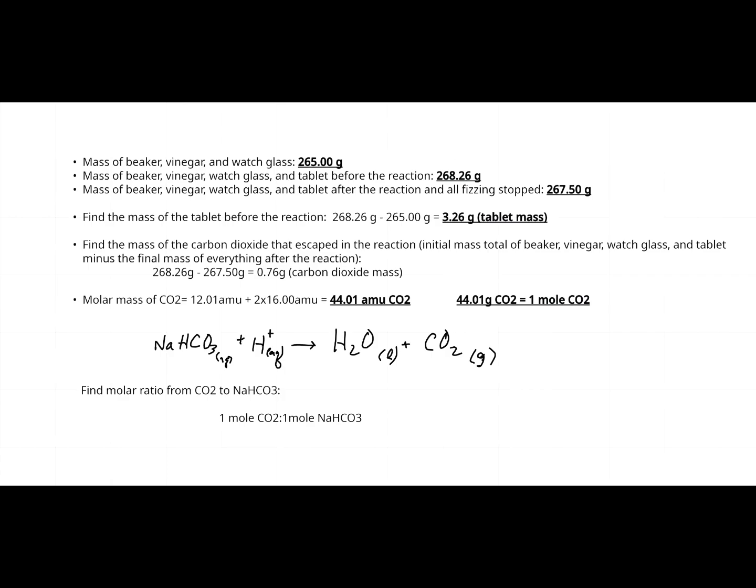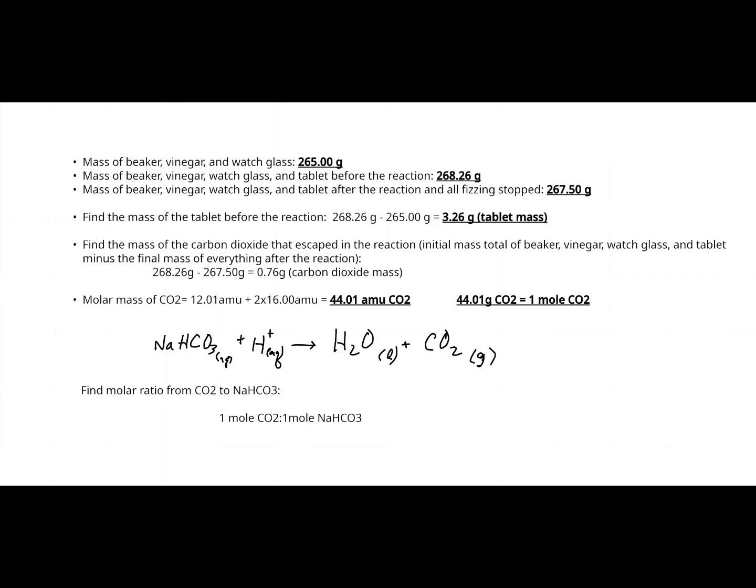So the next thing we're going to do after we have calculated the tablet mass and the carbon dioxide mass is figure out the molar mass of carbon dioxide so I can convert my carbon dioxide mass from grams into moles. So I looked at my periodic table and I wrote out what that molar mass would look like.